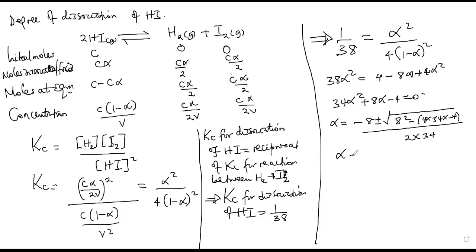So our value of alpha is either negative 0.48 or 0.24. I told you after substituting, you can put the formula in the calculator and solve. Your calculator may not have alpha, so just put it the way you put other equations. But alpha cannot be negative, so we eliminate negative 0.48, and we take the value of alpha as 0.24.